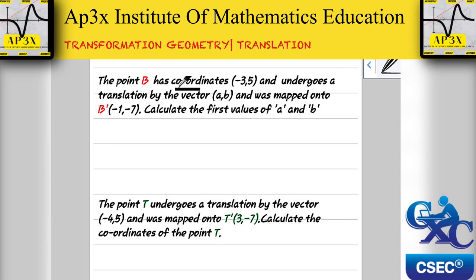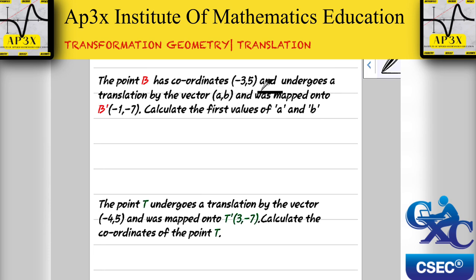The point B has coordinates (-3, 5) and undergoes a translation by the vector AB. In this case, we weren't told what the vector is.